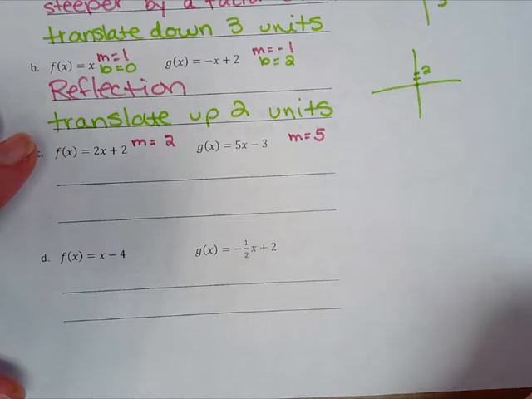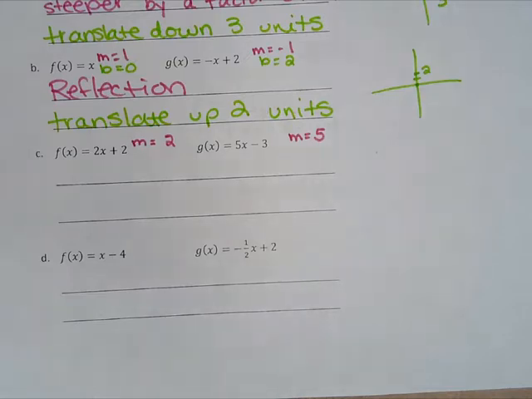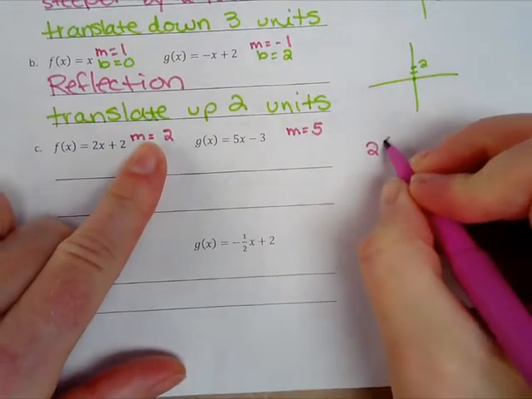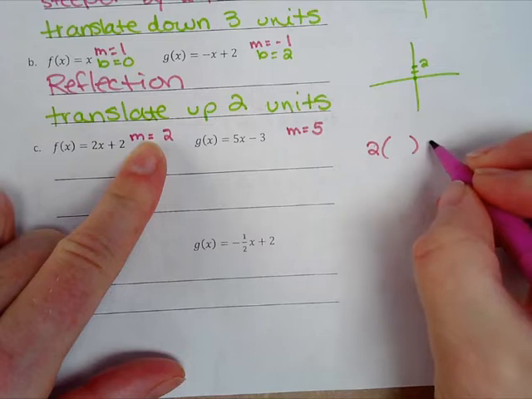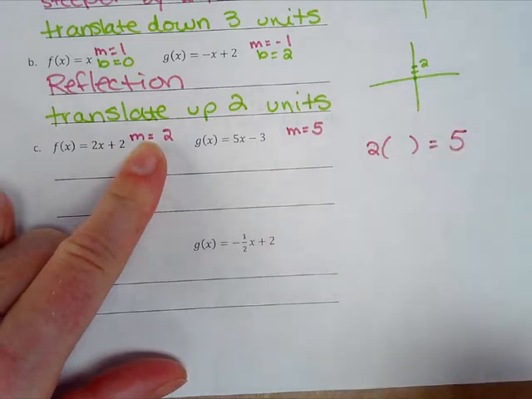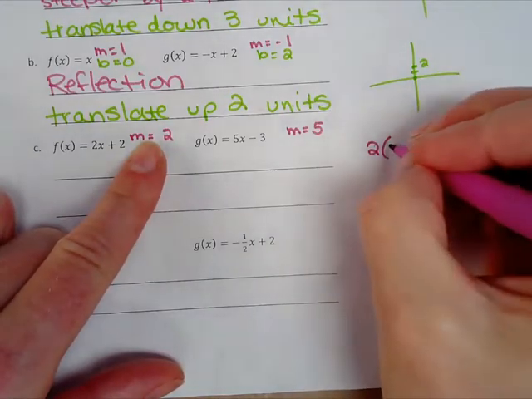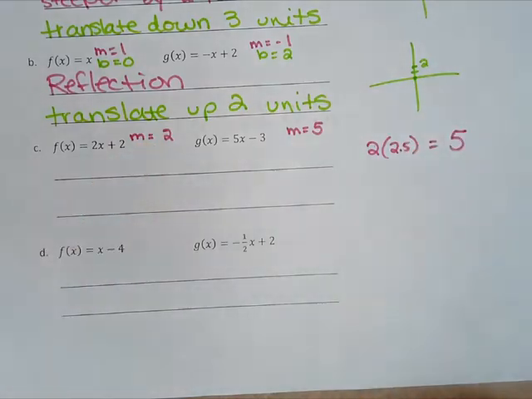Steeper by 3 units. Steeper by a factor, but the factor means 2 is going to be multiplied by something by the factor to get 5. 2.5. Yep. 2.5 would be our factor. Because whenever you do your slope, you're multiplying by a number.